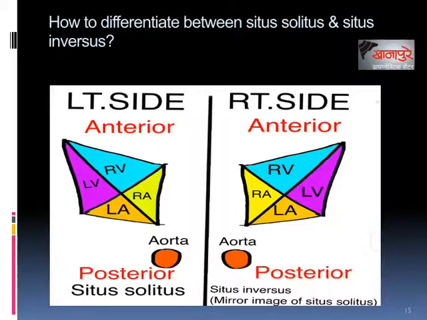In situs inversus, right ventricle is anterior, left atrium is posterior, and aorta is on the same side of the heart, and the heart is on the right side. Aorta goes with the heart in situs inversus. Aorta is always on the same side of the cardiac apex in both situs solitus and situs inversus. Third one is situs ambiguous.